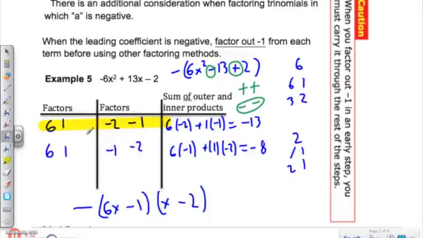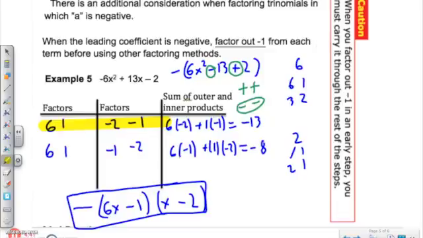And we had negative 1 times the positive 1, so we put those in opposite sets of parentheses. And we have our factored form. So just a reminder, when you factor out negative 1 in an early step, we have to carry that through all the way to the rest of the steps. We can't factor out the negative 1 here and then forget to put it in down here.